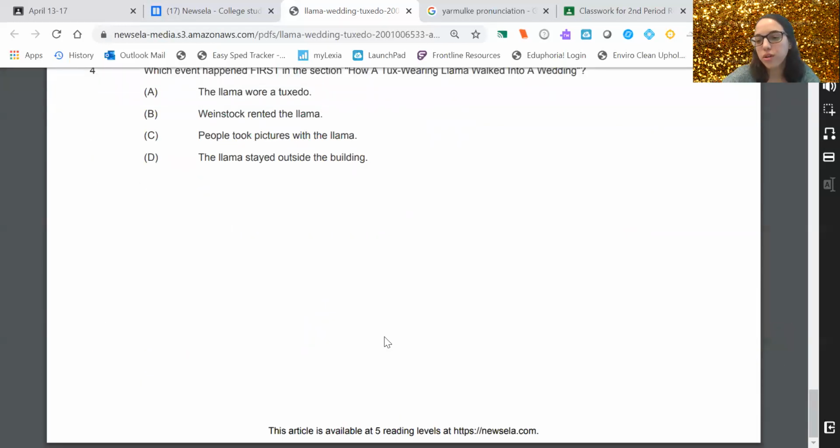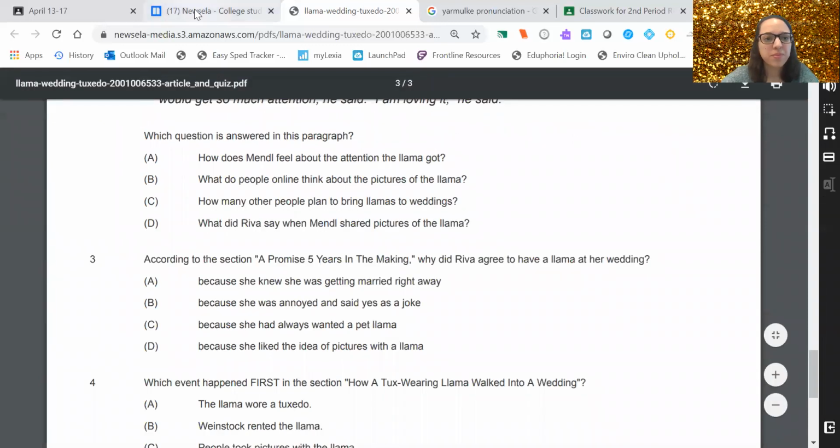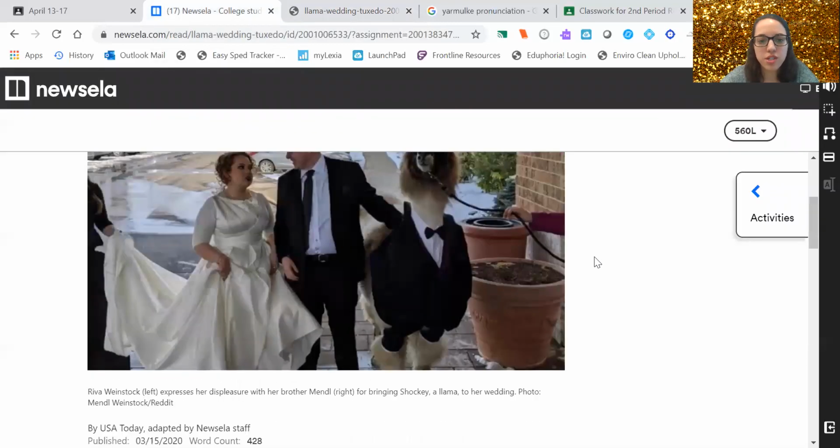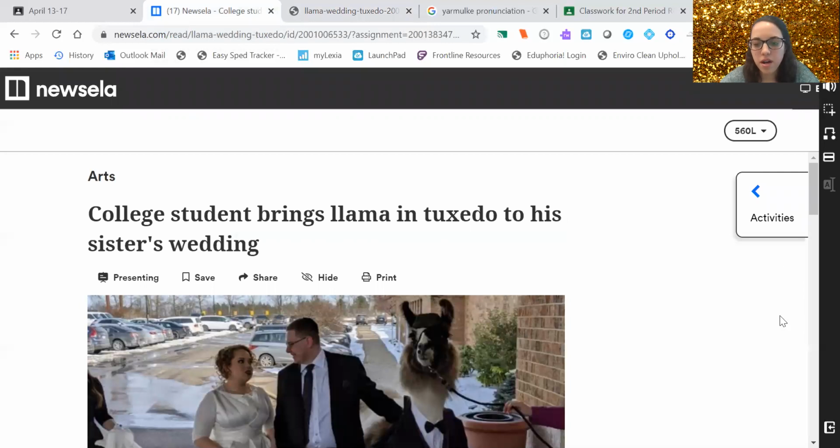Okay, so it's just 4 questions. If you're doing it online, which is the preferred method, on this blank space right here it'll say write and it'll say quiz. This is reading right now. You're going to have plenty of writing to do in my English lesson, so don't worry about the writing. That's optional if you want to. For this, just click quiz, answer the question, click next, answer the question.